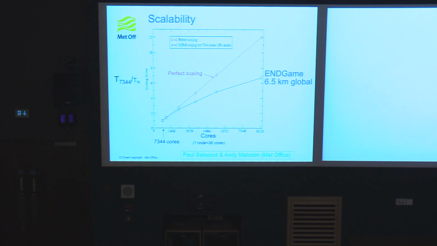And there's a positive and a negative to this. What we see is that even at these incredibly high resolutions, running on, at this end, 88,000 processors, Endgame is still scaling. We are still getting benefit from running on an increased number of processors. So that's a positive for me. The negative, though, is we're quite a long way away from perfect scaling.